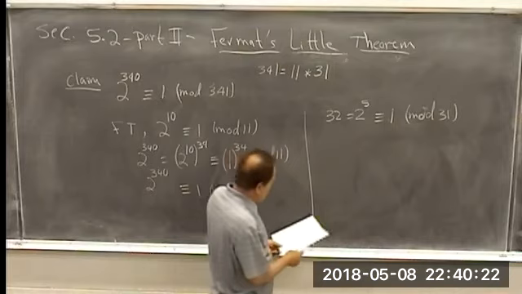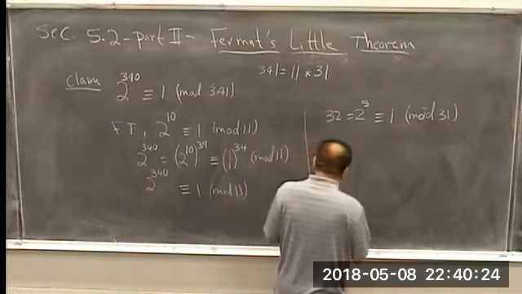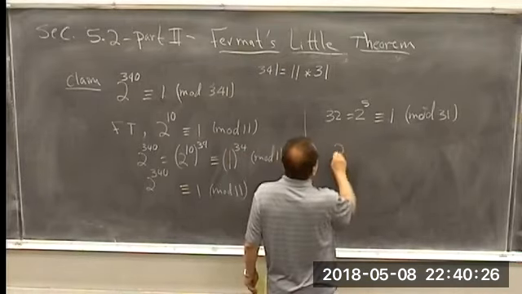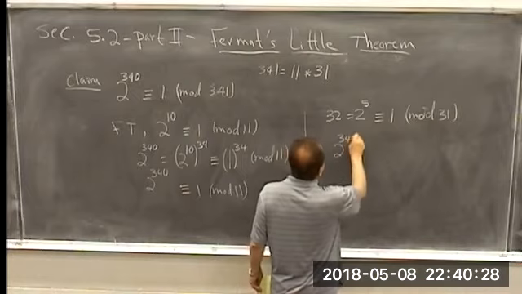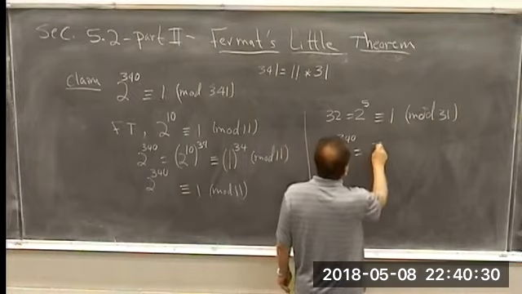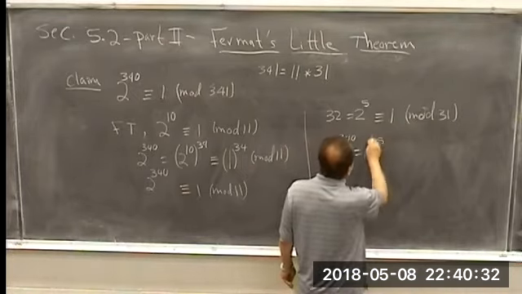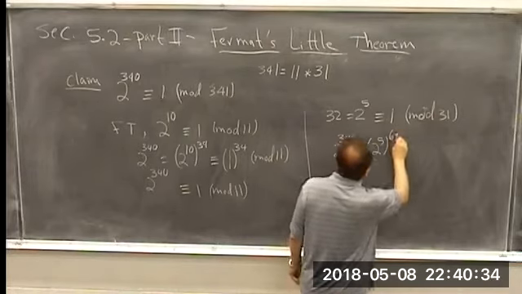And now we can write 2 to the 340 is equal to 2 to the 5th to the power 68.